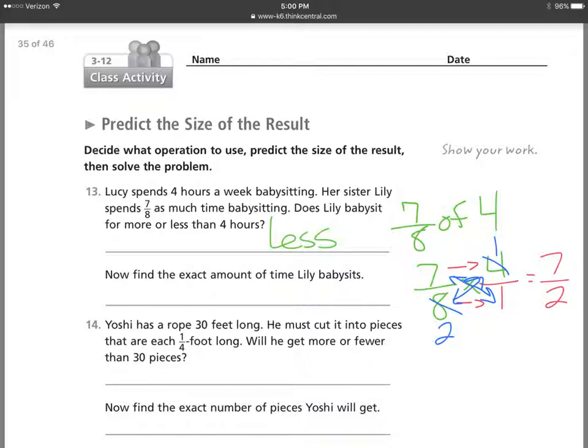So 2 goes into 7 3 times, or 7 divided by 2 is 3. And there will be 1 left over, and the denominator will not change. And we will find out that my sister is babysitting 3.5 hours, which is only 7/8 of 4. So our prediction was correct as well. She's babysitting less time.